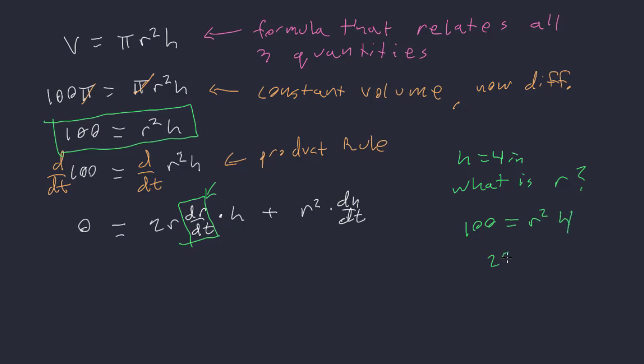Divide this through, we'll get 25 is equal to r squared, so r is equal to 5. Yes, it should be plus or minus, but since we're dealing with an application here, I know it has to be positive.